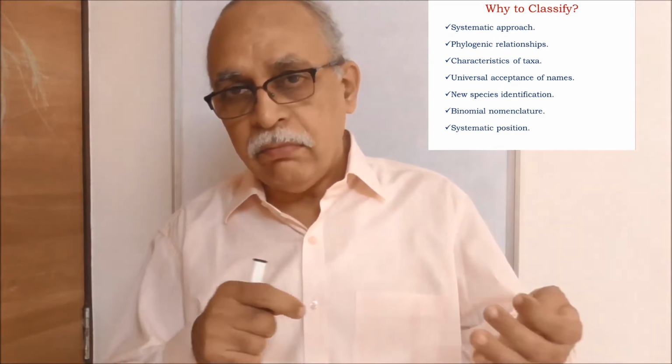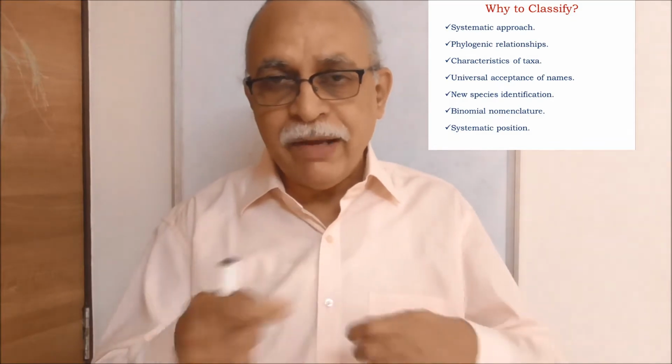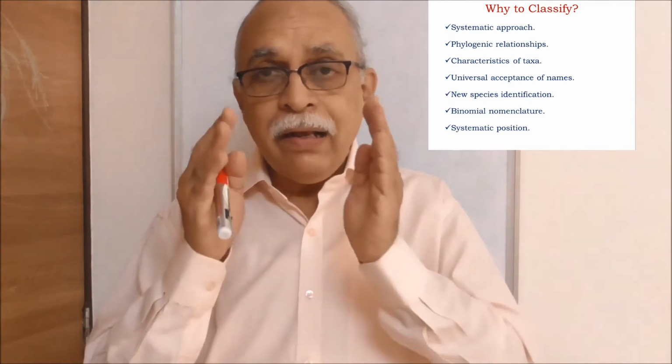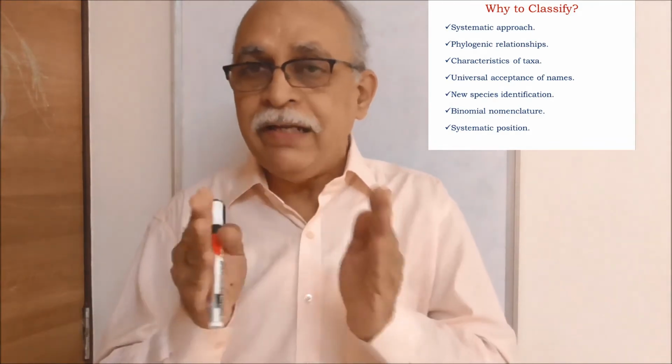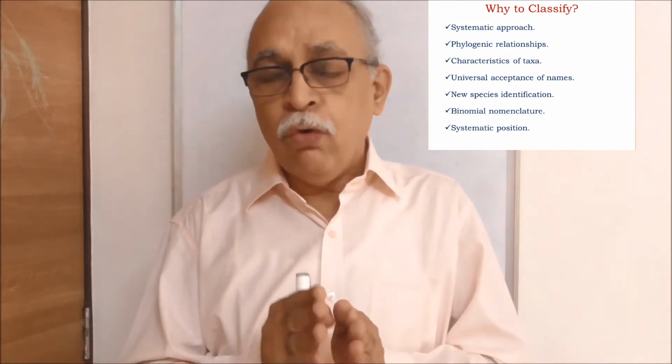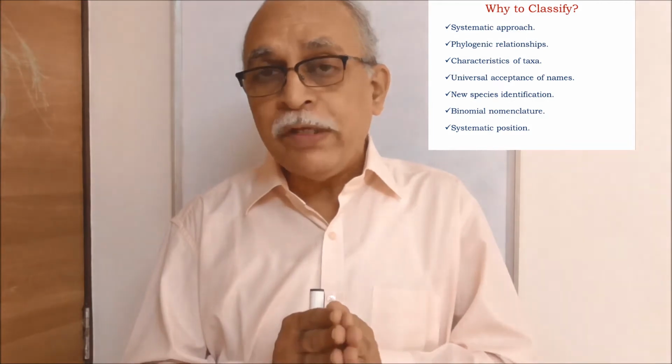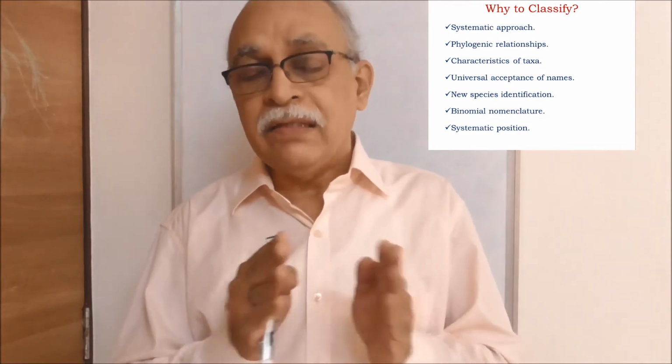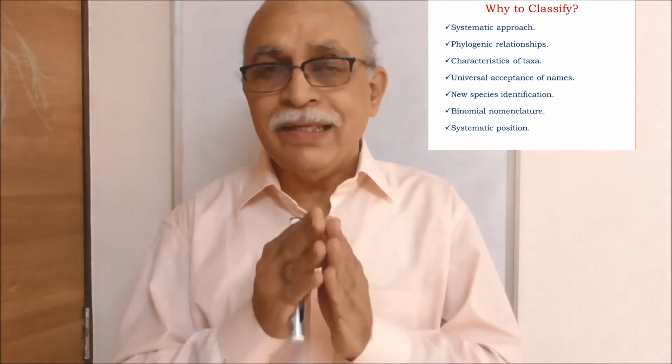Whether you write it in a vernacular language, or in Japanese or whatever, that name vertebrate would have the very same meaning. So classification gives you naming of an organism which is universally the same, universally similar, universally acceptable.